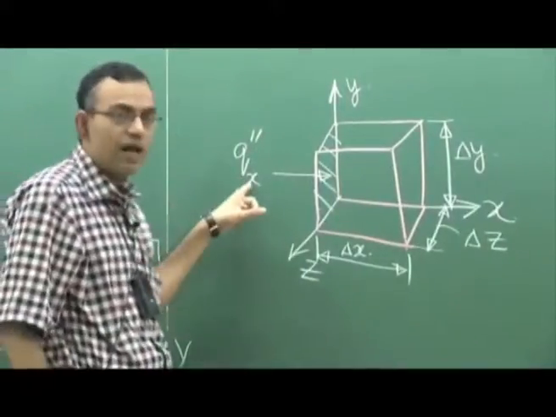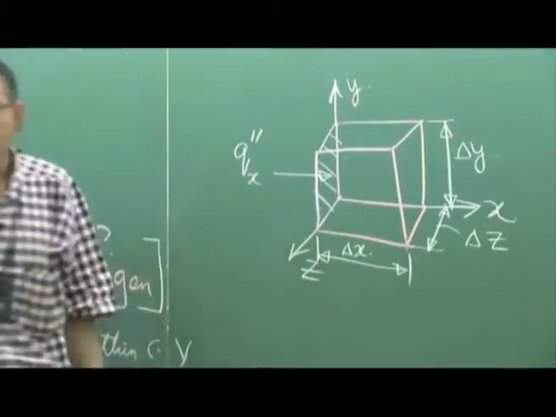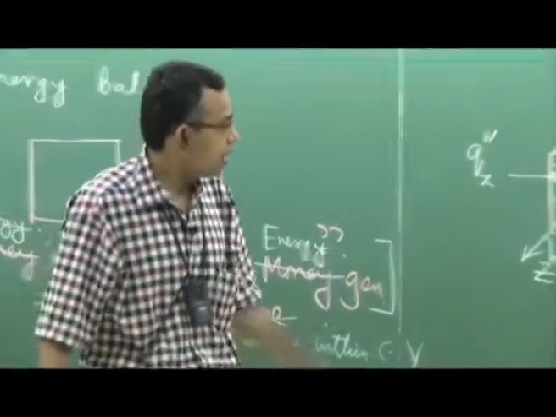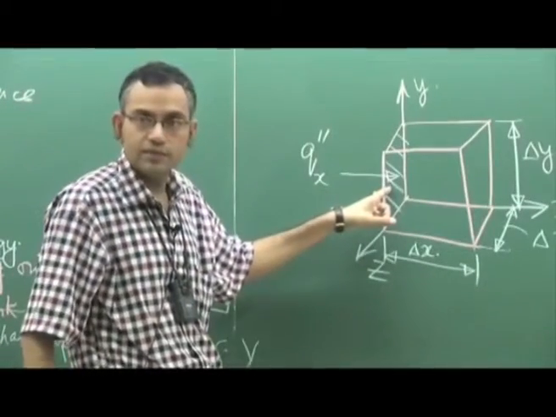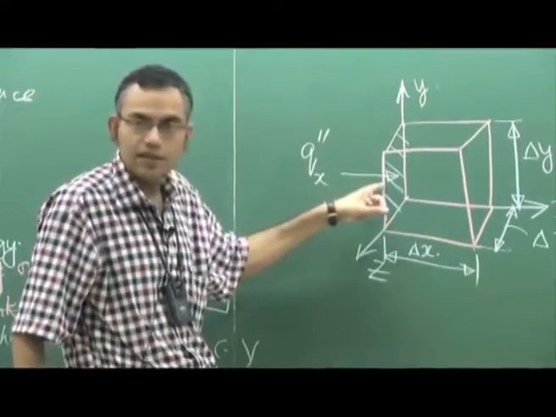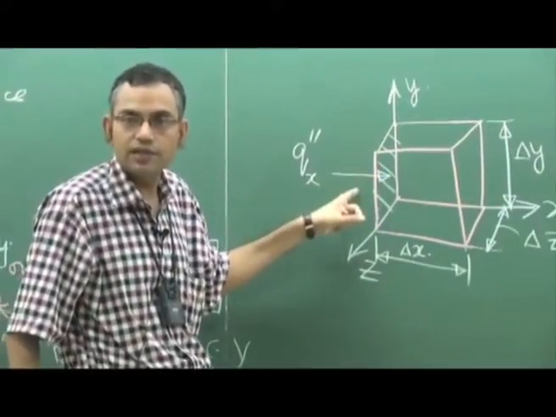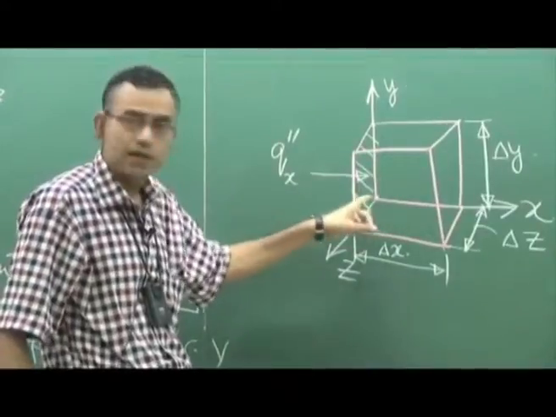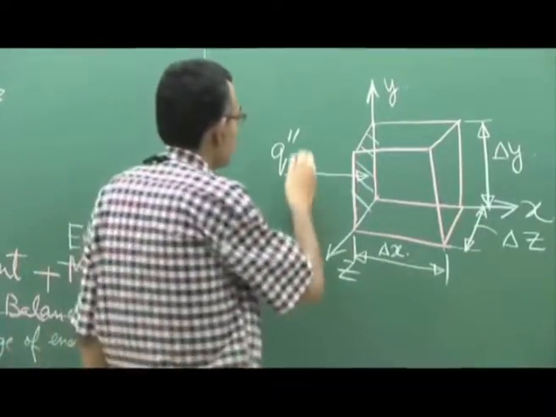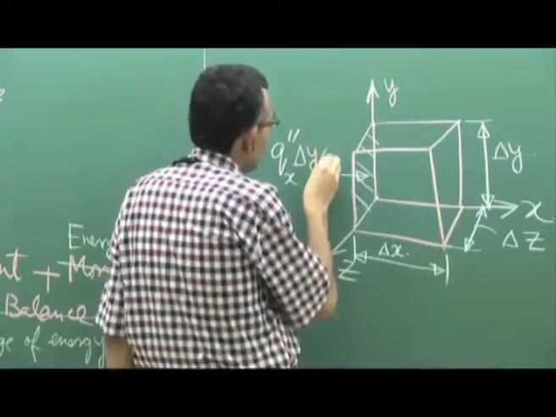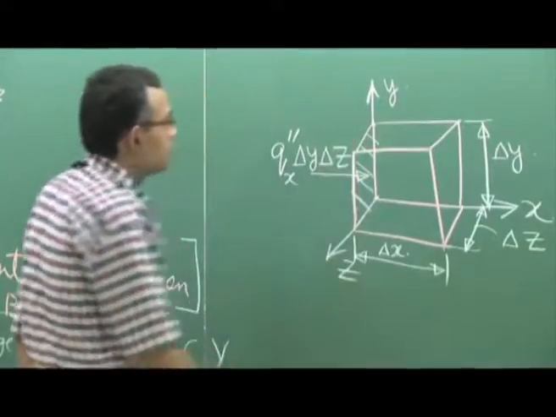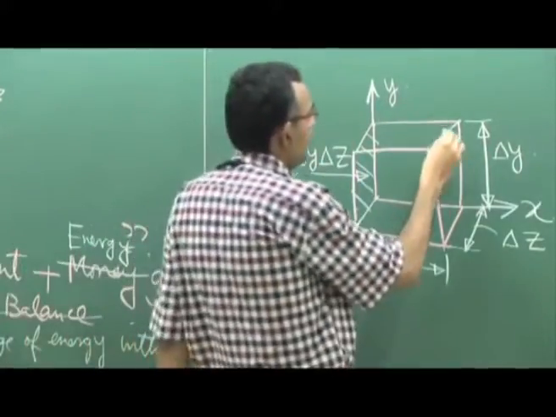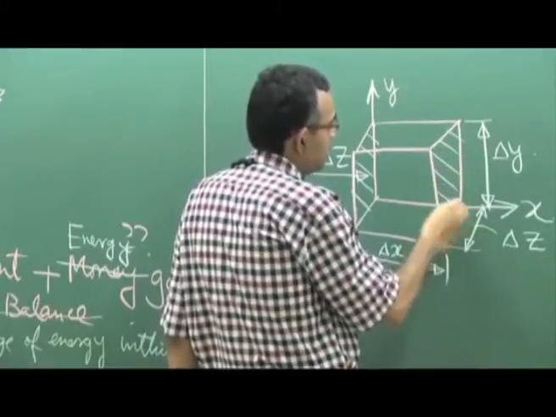So if this is the heat flux, what is the total rate of heat transfer through this? This heat flux times the area of the shaded face. So what is the area of the shaded face? Delta y into delta z. Just consider the opposite face, this face.